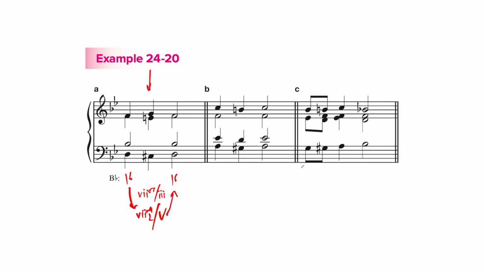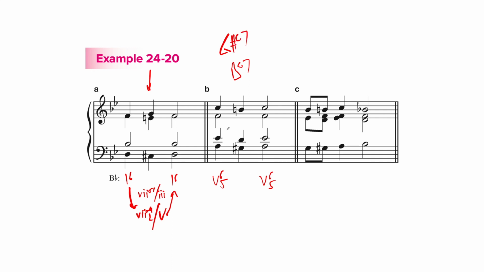We will have the same problems also in the following chords. For example, here we have 5, 6, 5, and also the last chord 5, 6, 5 in B flat major. How can we label the chord between them? This is written as B diminished seventh. We can also assume this is G sharp diminished 7.